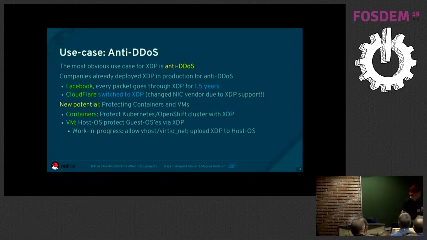So some of the new potential here for anti-DDoS for containers and VMs is that a container cluster, like a Kubernetes cluster or OpenShift cluster, you would not want to expose that to the internet, because that would be fairly dangerous. But you could actually use this XDP program on the host to do denial of service protection.